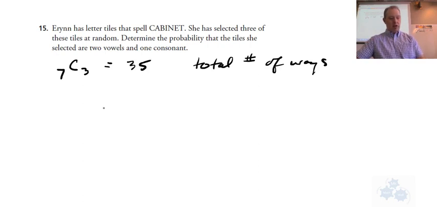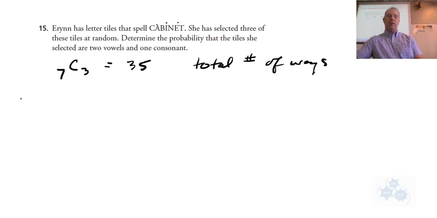Okay. So determine the probability that the tiles she selected are 2 vowels and 1 consonant. So how many ways could we get those? 2 vowels and 1 consonant. Well, if you look in here, how many vowels do we have? We have 1, 2, 3. So we have a total of 3 vowels, and we would want to choose 2 of them.